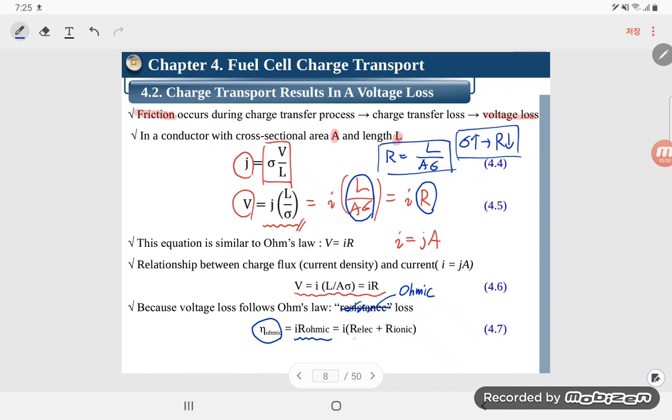From here we can separate each resistance as electrical resistance and ionic resistance. These are two parts, and if we sum up these two resistance types, we get R ohmic.